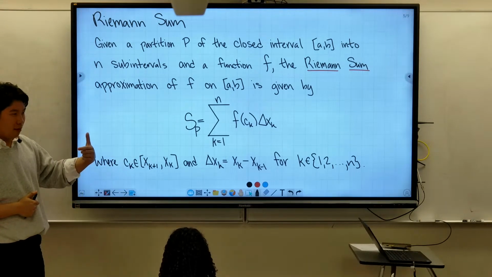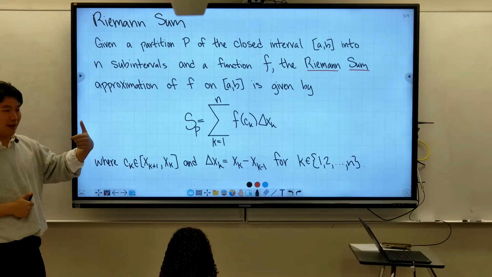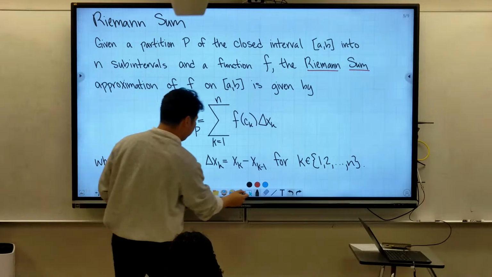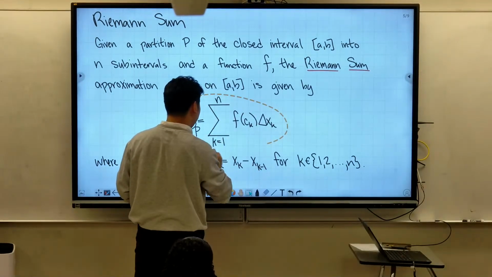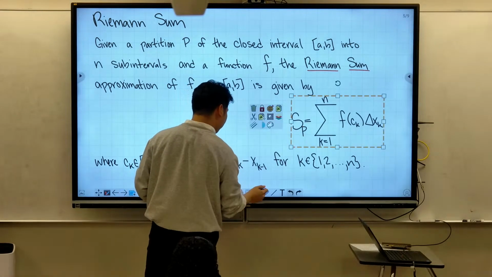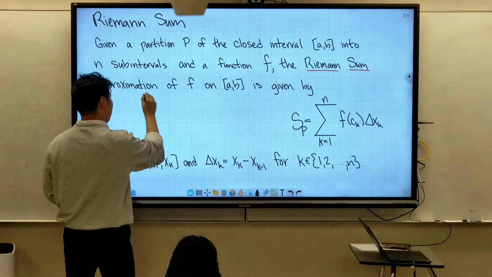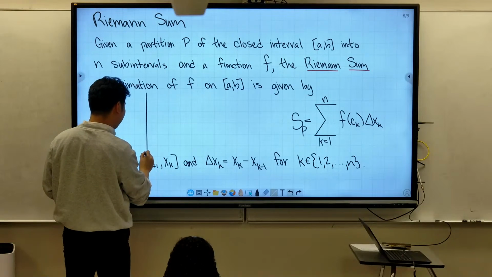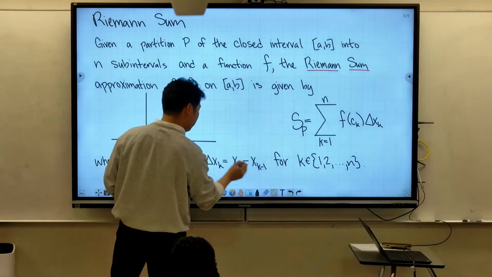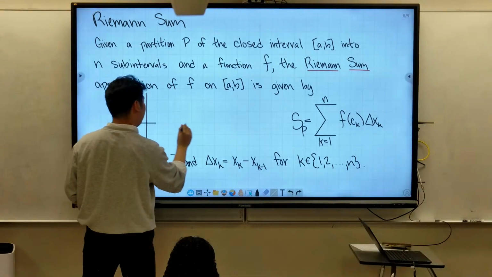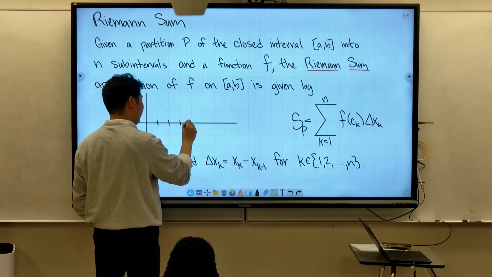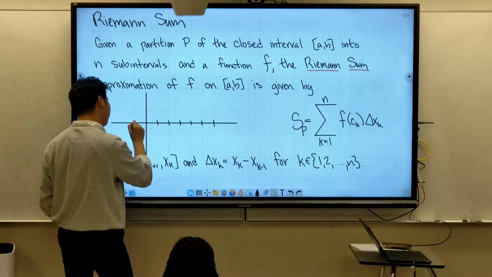So what the heck does this even mean? Let's see what this looks like in terms of a picture. Let me move this over to the right so I have space. Let's say I have a function, for example. Label this 1, 2, 3, 4, 5, 6, -1, -2.